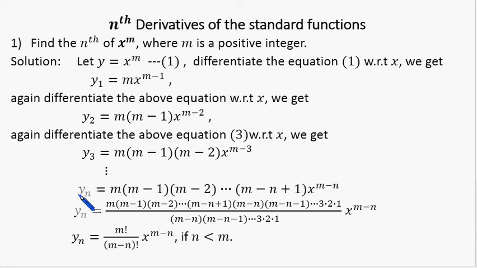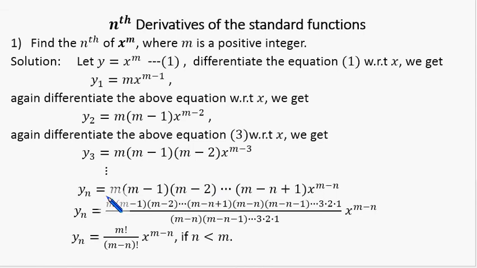So, in general terms it can be written as yn is equal to m into m minus 1 into m minus 2 up to the term m minus n plus 1, into x to the power of m minus n.